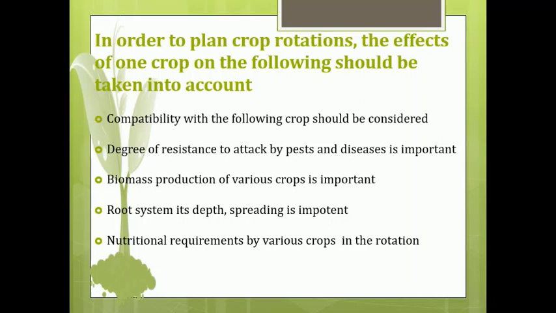At the same time, if in one season a crop that is exhaustive of certain nutrients is utilized, in the following season farmers have to select crops which do not utilize the same nutrients which were used in the previous season by the previous crop.